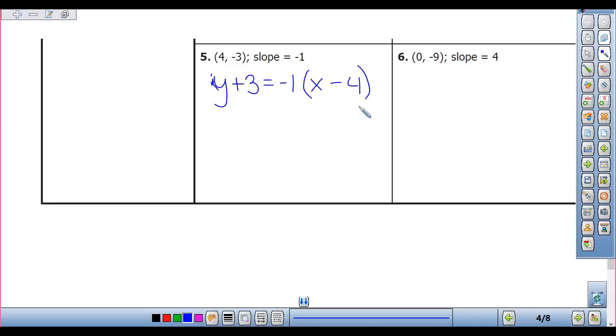We weren't quite done with 6 yet, but number 5, is that what you got for point slope? Everybody put that in for their point slope. If you're distributing, make sure you distributed right, number 5.